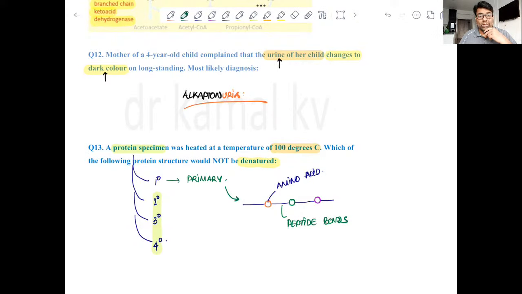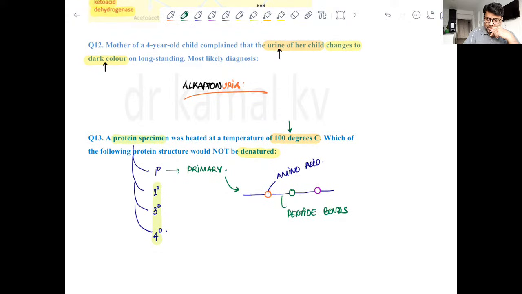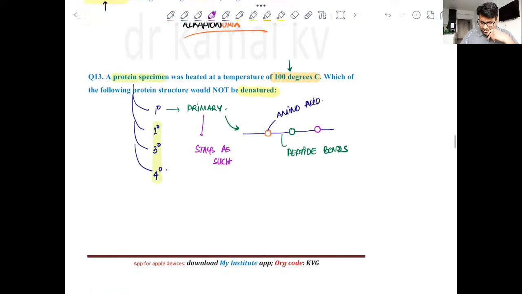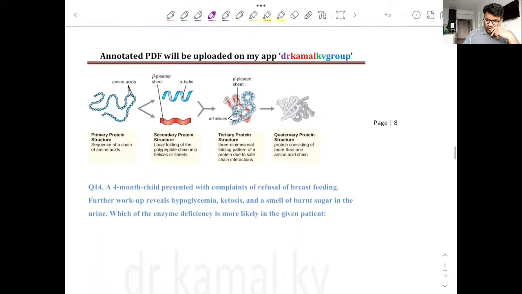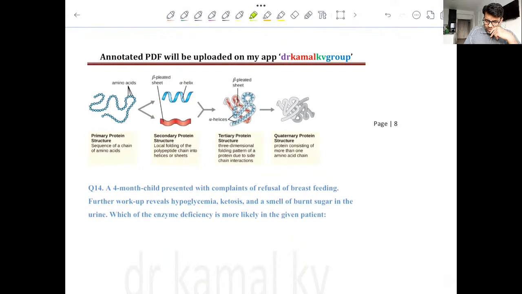It does not denature even if the protein sample is heated to 100 degrees Celsius. Clear? So primary structure stays as such. Rest, they get denatured.